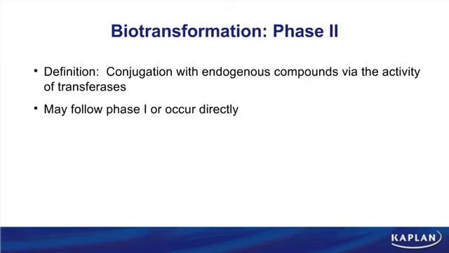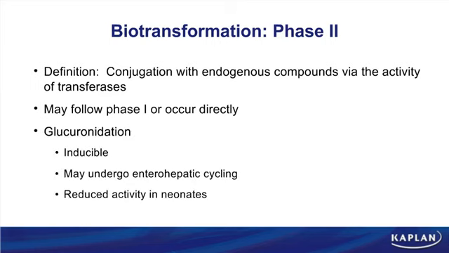The other type of metabolism reactions are called phase 2. Phase 2 reactions are also referred to as conjugation reactions. And the word conjugation basically means that you're going to attach a molecule to the drug. Take the first example here, glucuronidation. What does it sound like? Glucuronidation, it kind of sounds like glucose.